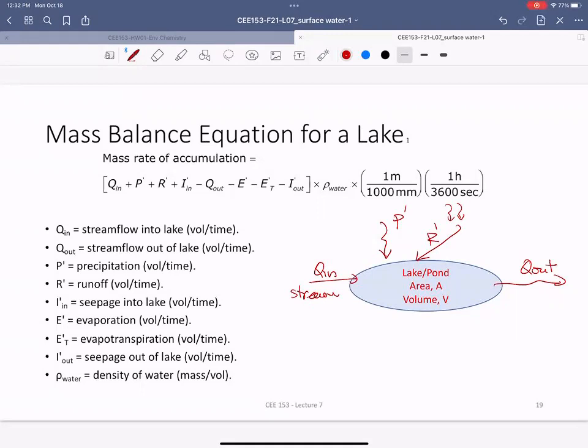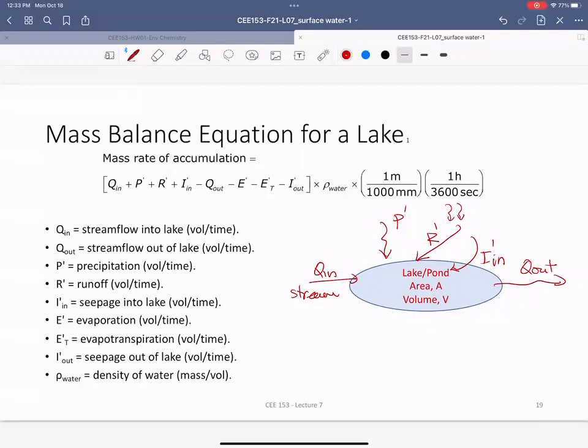And then also some of the rainfall percolates into the ground and becomes seepage, where underground the water is feeding into the lake. So you don't see that. So that's seepage coming from the bottom through the soil. So these are the things that are coming in.